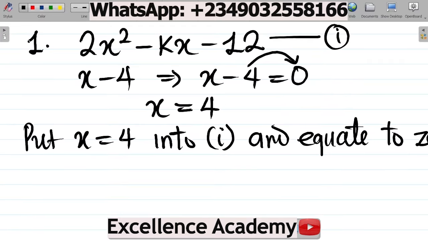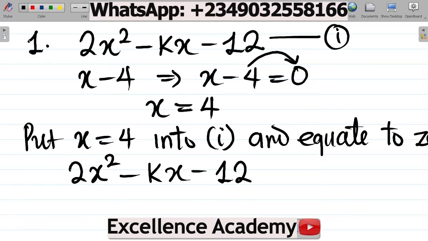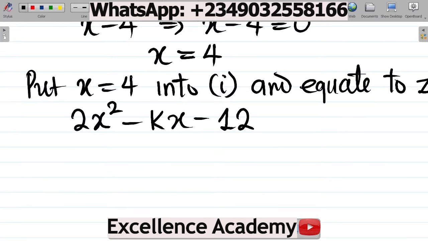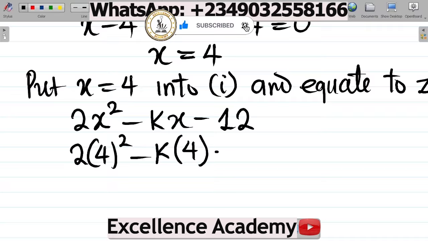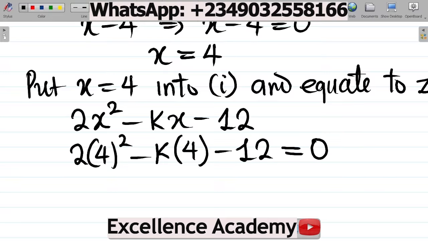If we do that, we'll have that 2x squared minus kx minus 12. Let's put x as 4. You have 2 into 4 squared minus k into 4 minus 12. We said equate this to 0, so it's equal to 0.